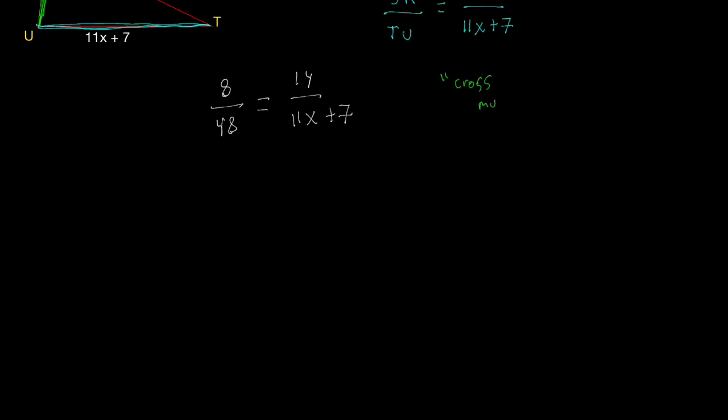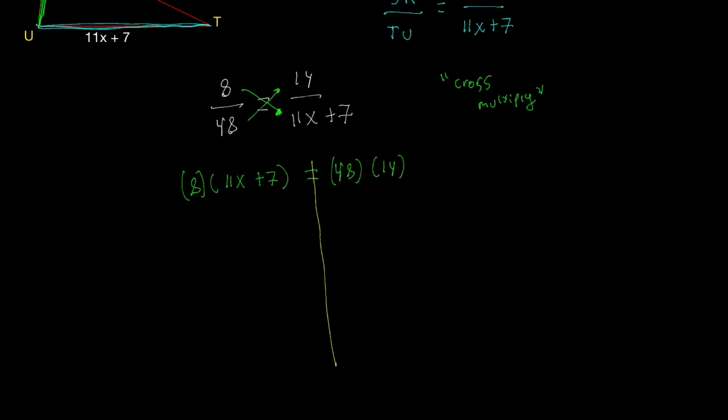So cross multiply. I'm going to get 8 and I'm going to multiply it by 11x plus 7. So I got 8 times 11x plus 7, and then that's going to equal 48 times 14. Okay, I have an equation, so I'm going to split this just to identify the left hand side and the right hand side.